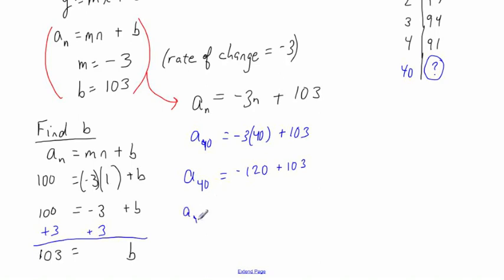It'll be a sub 40 equals negative 120 plus 103 is negative 17. So I find that the 40th term is negative 17. And that is what the question was asking for. They wanted to know what the 40th term of the sequence was.